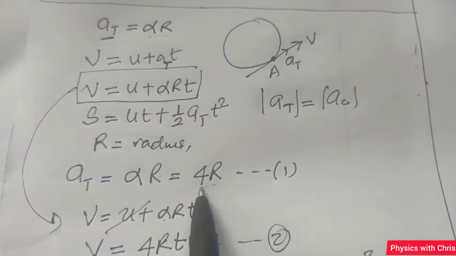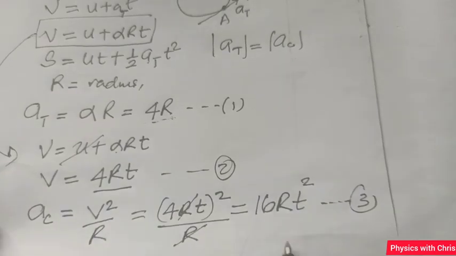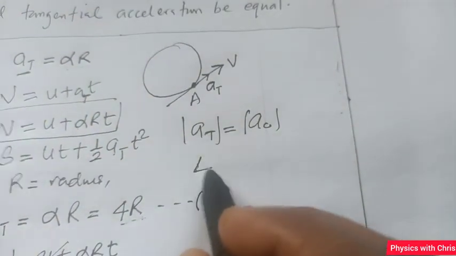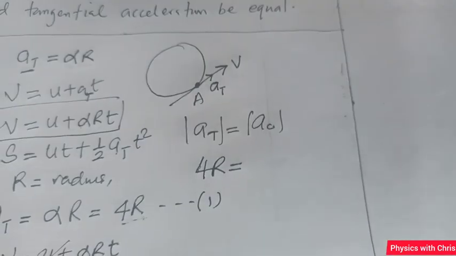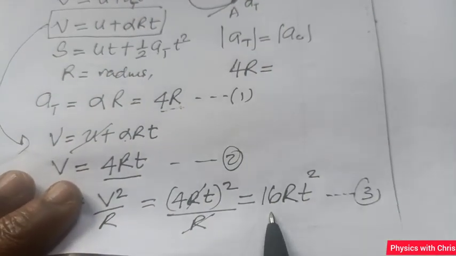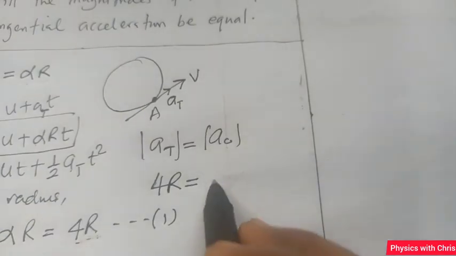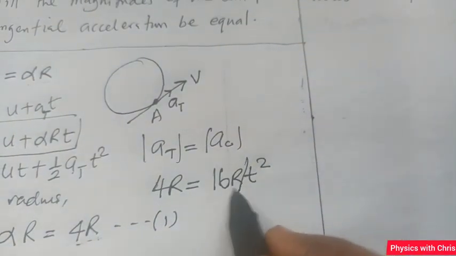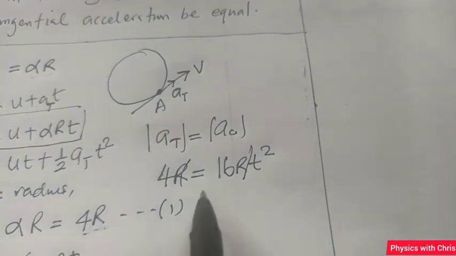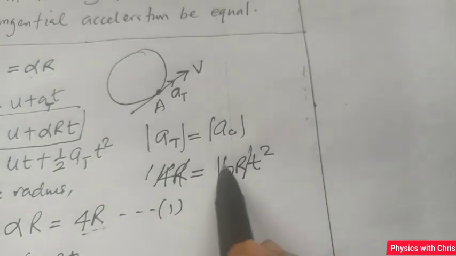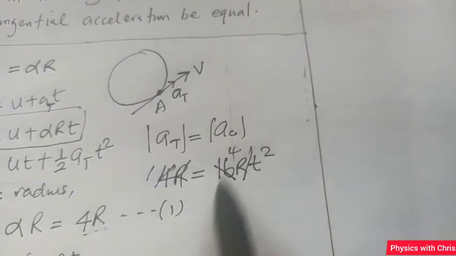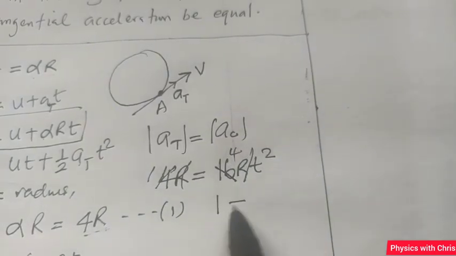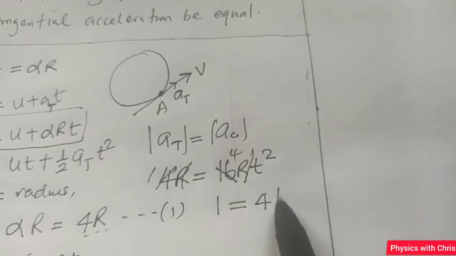This was my tangential acceleration, 4r, centripetal 16rt squared. So I write my 4r here is equal to 16rt squared. Okay, so this r cancels this. So I'll divide this by 4, that is 1, that is 4. So that gives me 1 on this side equals 4t squared.